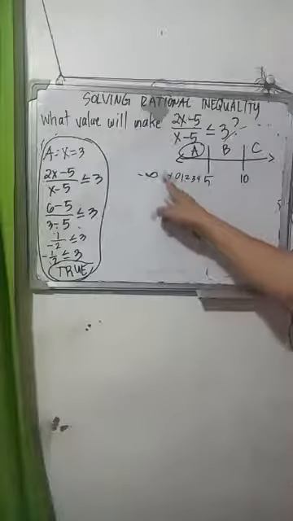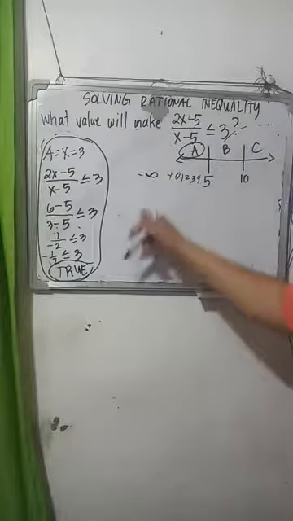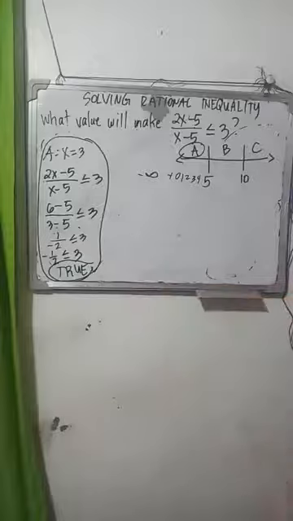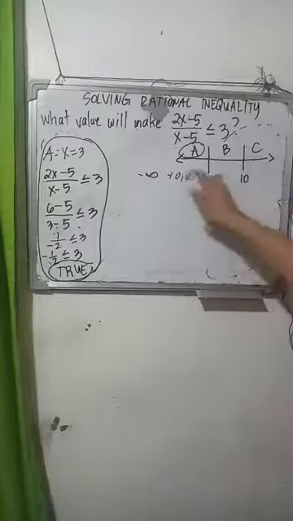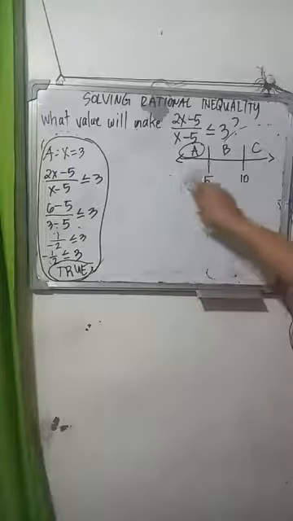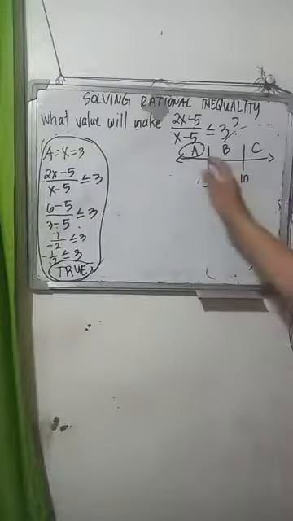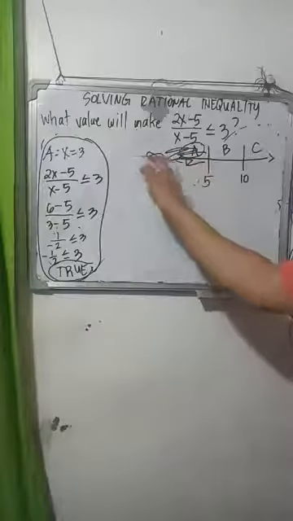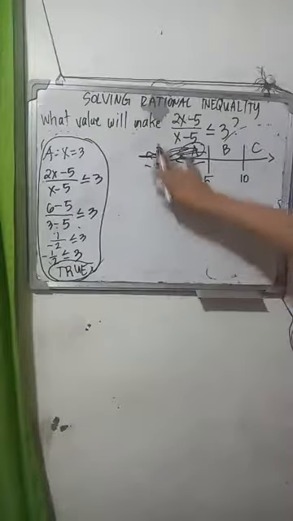Kahit si x is 1 pa yan, 0 or negative 1, it makes the inequality true. Lahat ng value ng interval A, that is solution. Okay, so itong interval A is solution. From until negative infinite numbers.